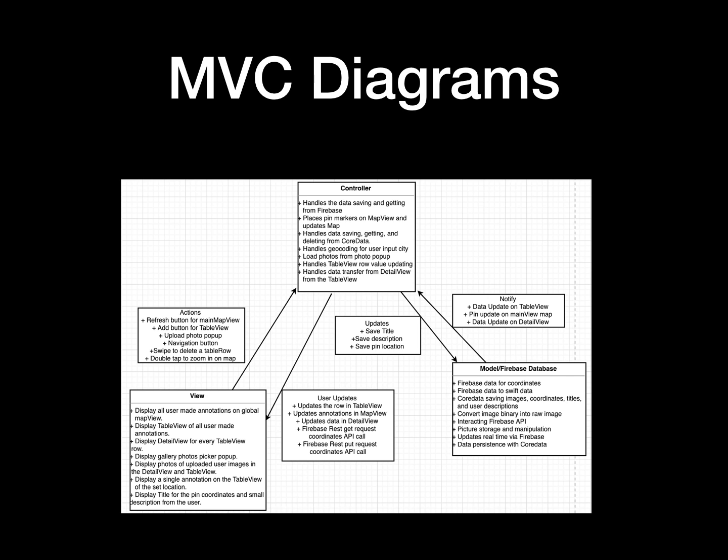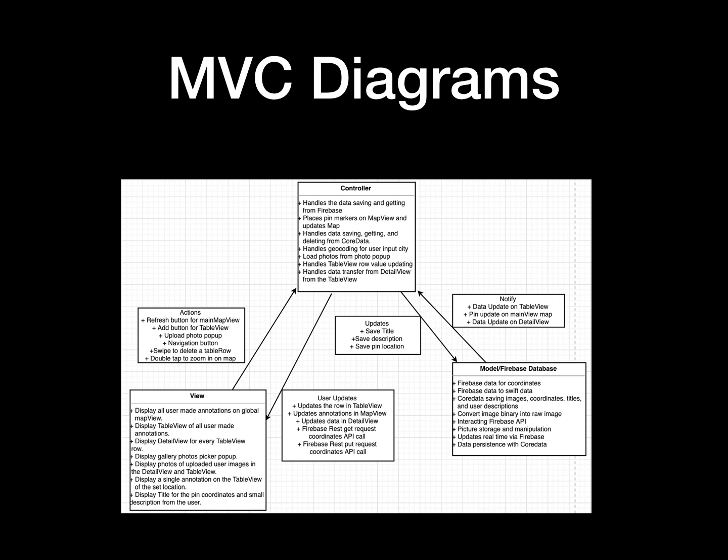And the view interacts with the controller, in which the controller will handle the logic and update the view accordingly. So the controller will handle the data saving and getting from Firebase, as well as update pin markers on the map view.